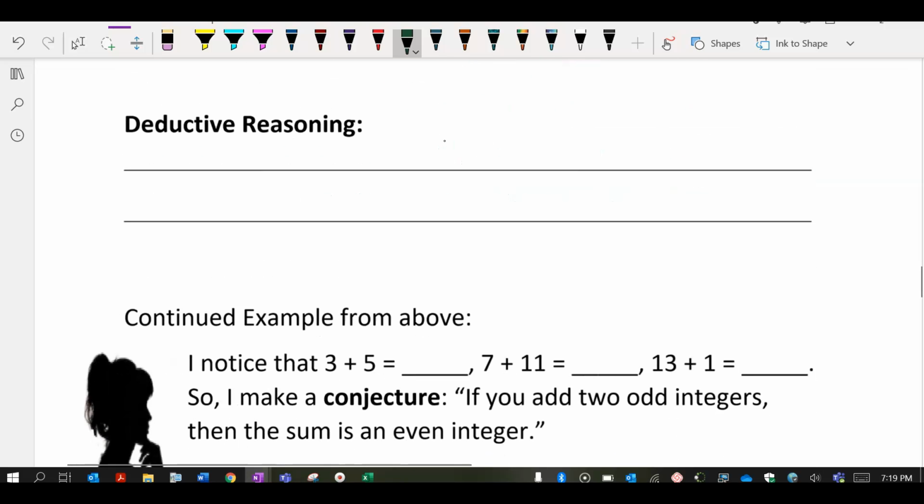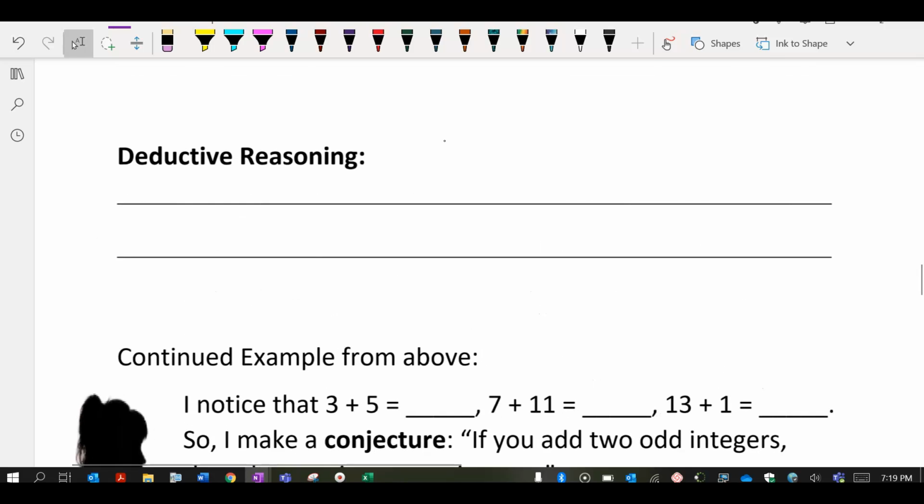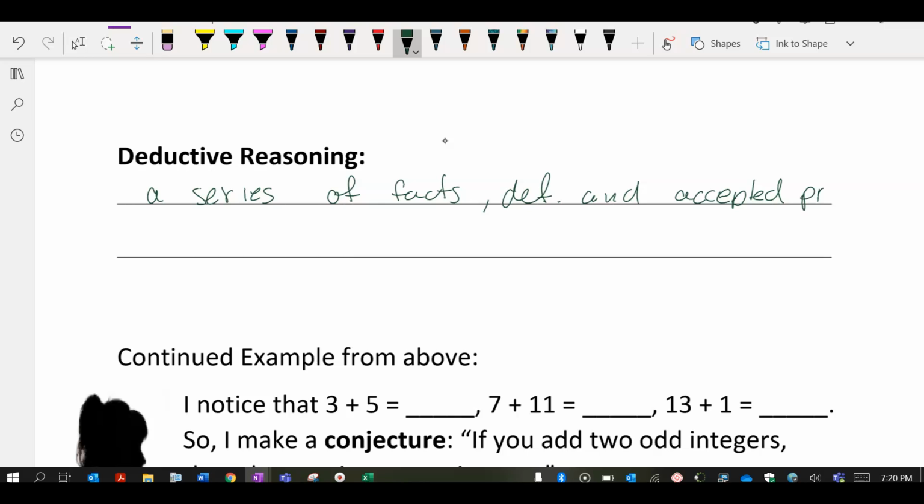All right, so then we have here deductive reasoning. Deductive reasoning, we do this all the time. We don't just say, hey, I'm doing deductive reasoning right now. So deductive reasoning is a series of facts, definitions, and accepted properties in logical order to form a logical argument.